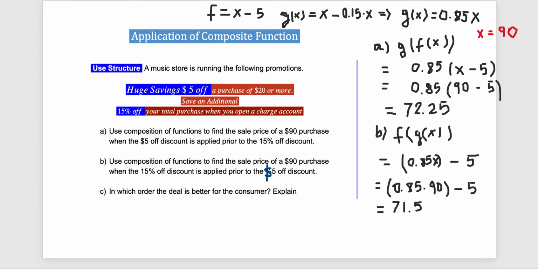So if we apply first the 15% discount and then $5 off, we are going to pay $71.5.